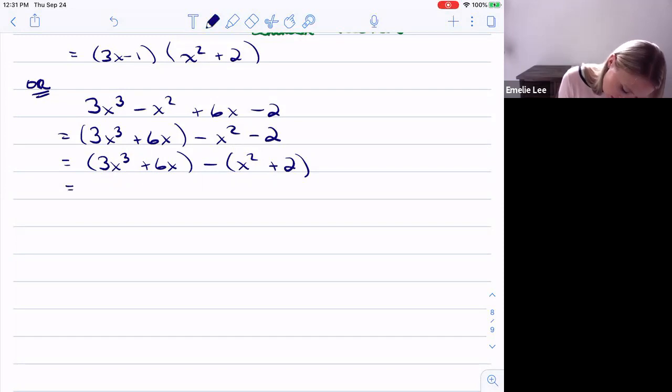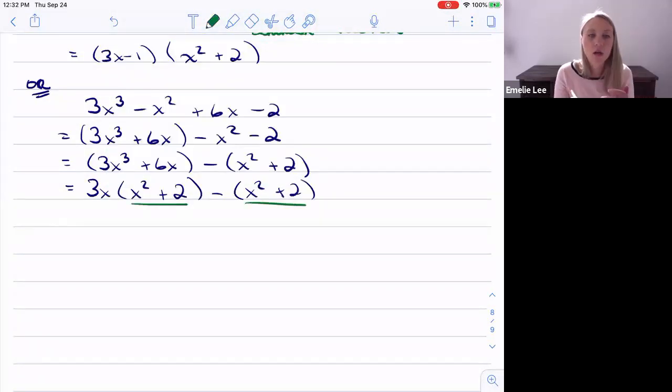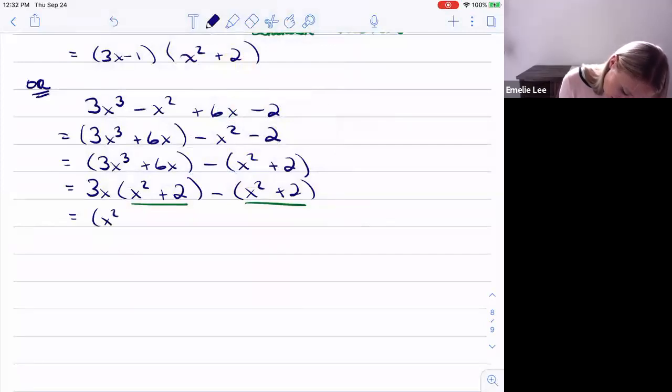So I get 3x times x squared plus 2 minus x squared plus 2. You'll see, very convenient. A common factor of x squared plus 2, which I can pull outside. So now I have x squared plus 2 outside times 3x minus 1.